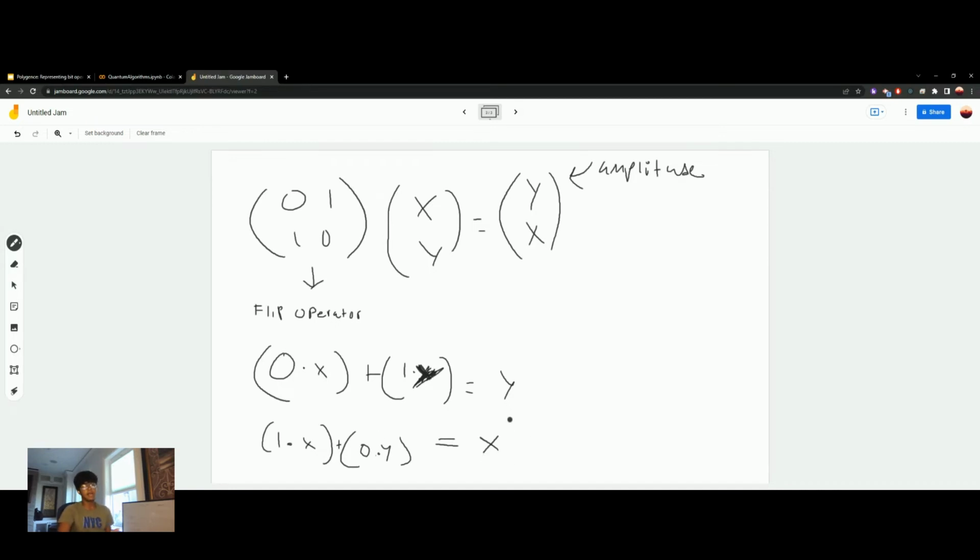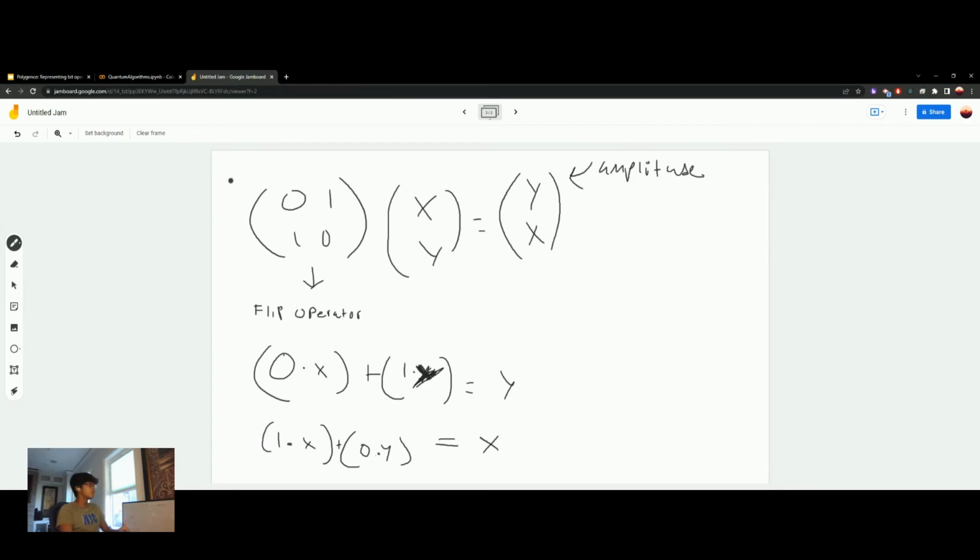So it would just be y and x. So that, ladies and gentlemen, is our flip operator. As you can see, we just showed live how we can use the matrices to flip the amplitudes of a state.